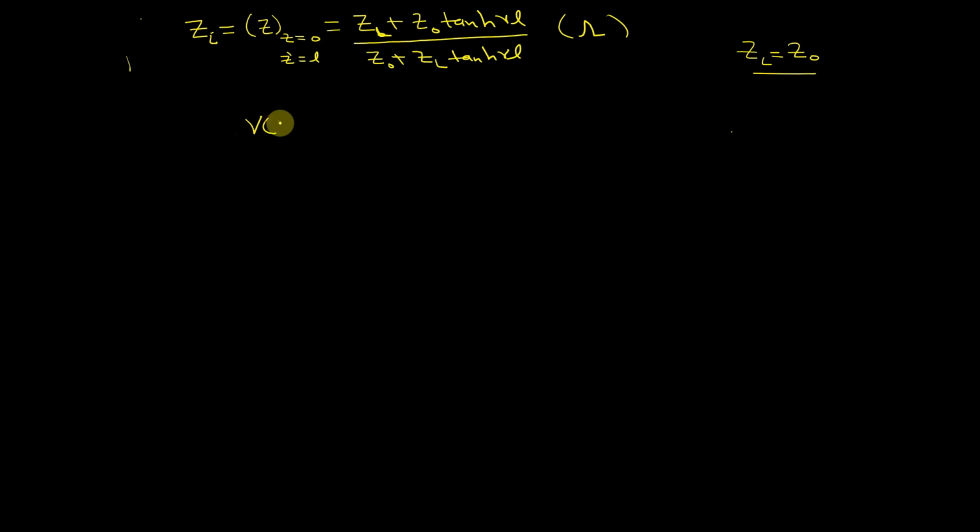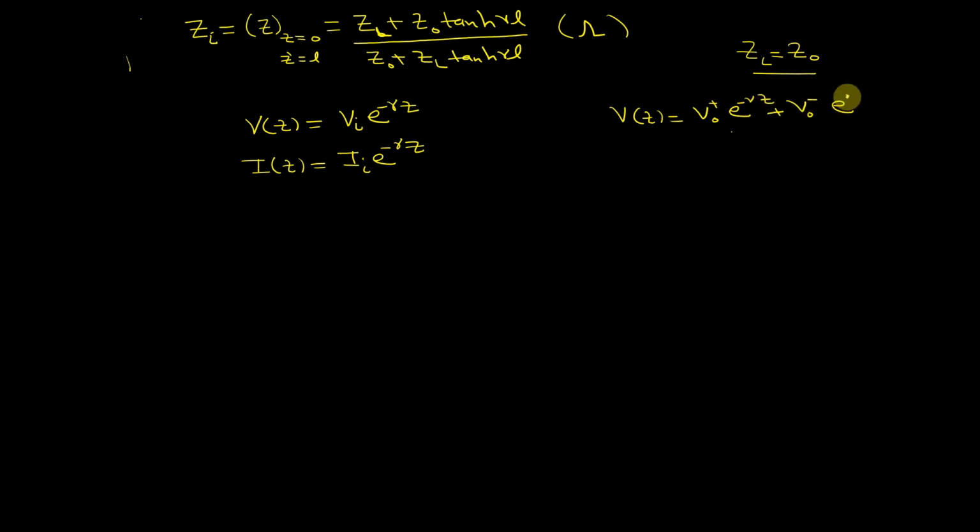So Vz, roughly we can write, is equal to V input e raised power minus gamma z. This is the approximate value. Similarly for this current, you can write I input e raised power minus gamma z. Now if you compare it with the standard term, this was V naught plus e raised power minus gamma z plus V naught minus e raised power gamma z.